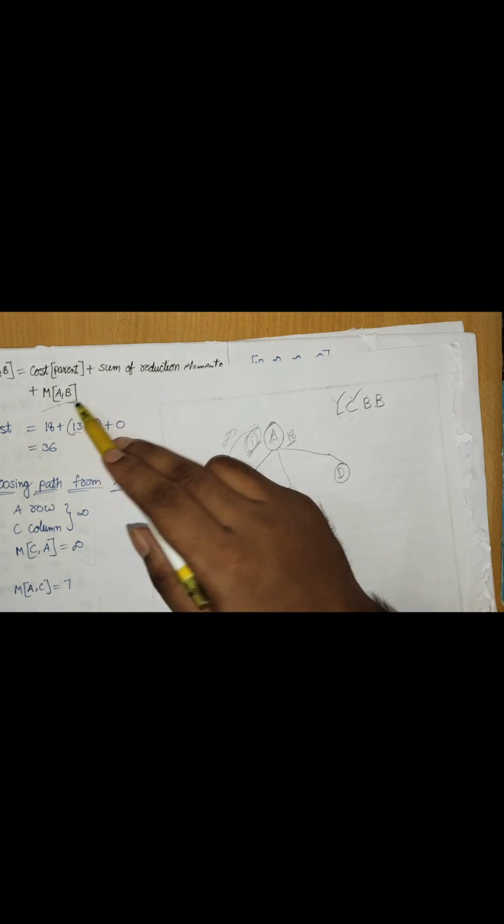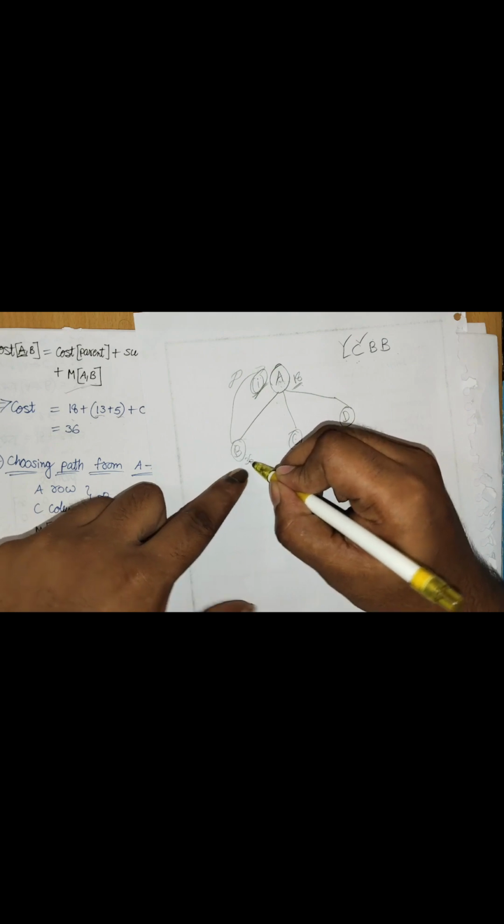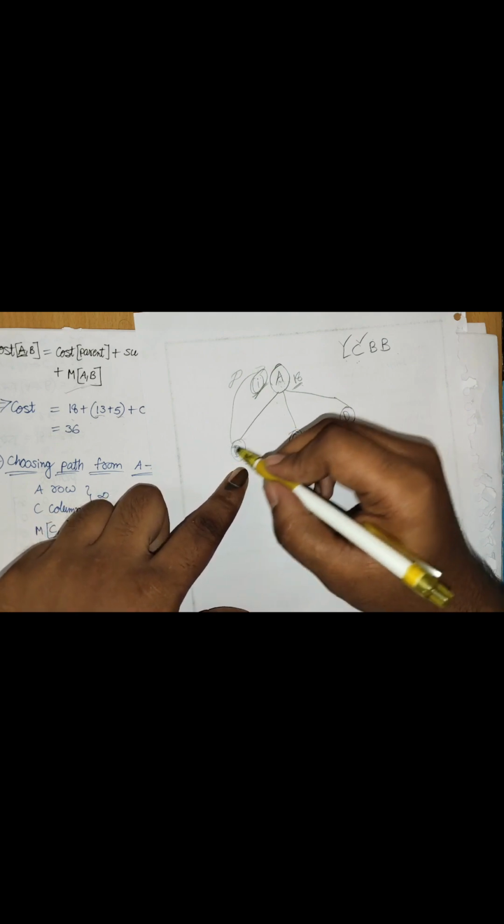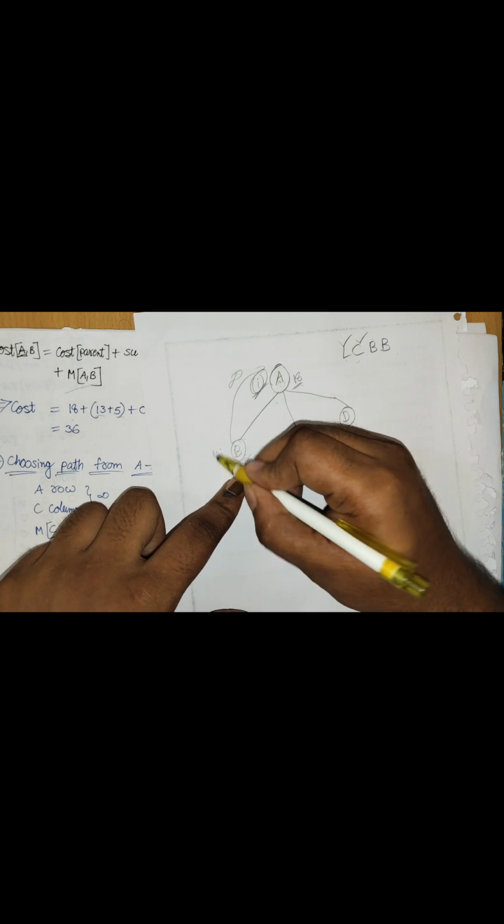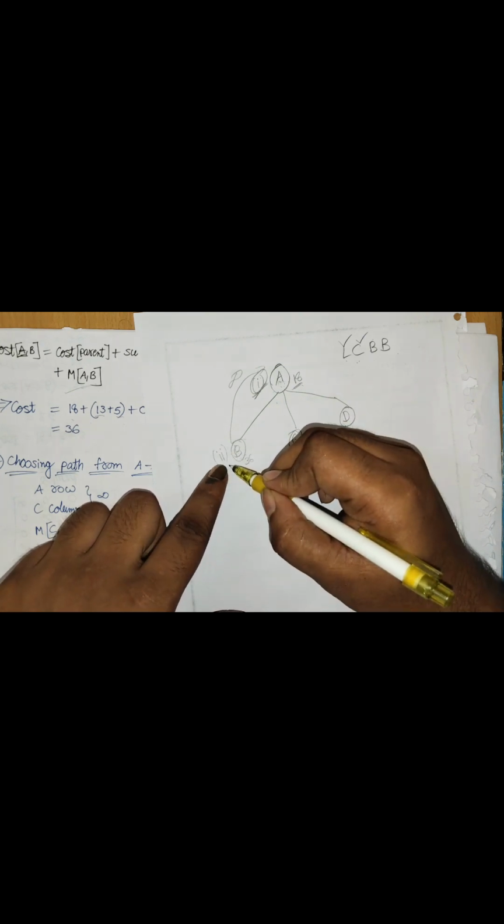So 13 plus 5 plus 18 plus 0. M of A comma B is 0. Okay, so we have found the cost of B. Cost of B is 36. So replace it in the state space tree. Cost of B is 36 and the numbering which you have given for the reduced cost matrix is 2.